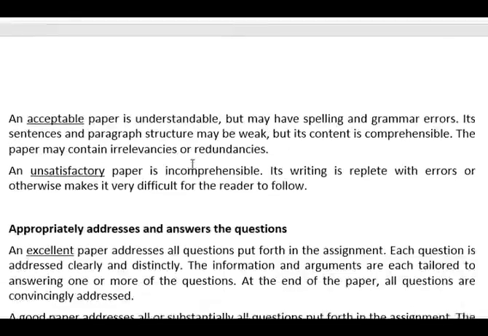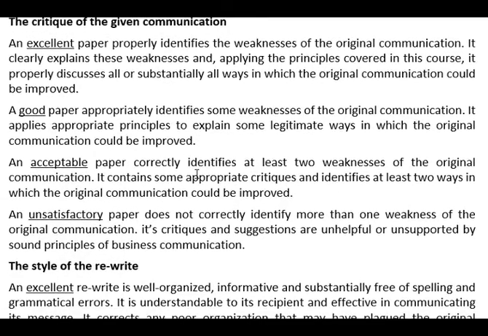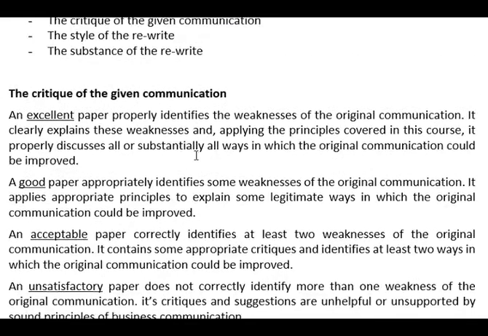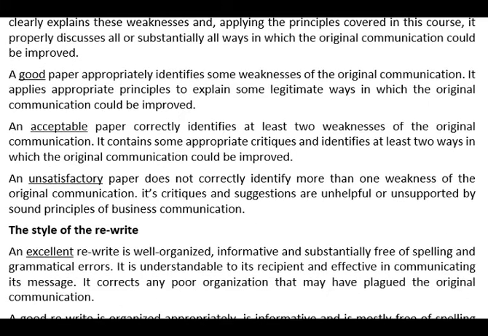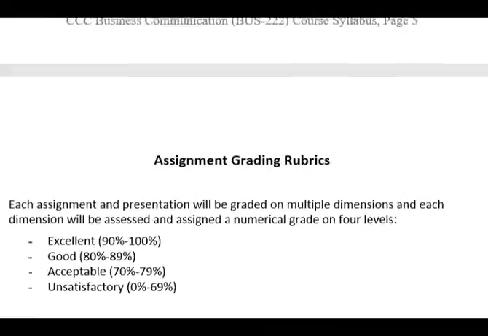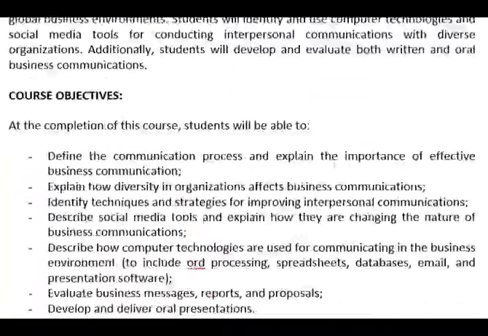Again, for each of these assignments and for each dimension upon which you're graded, you're given a grading rubric which synopsizes what we're looking for in an excellent paper, a good paper, an acceptable paper, and what constitutes, unfortunately, an unsatisfactory paper, which is obviously the one you want to avoid. Okay, so let us take a look at the individual papers.